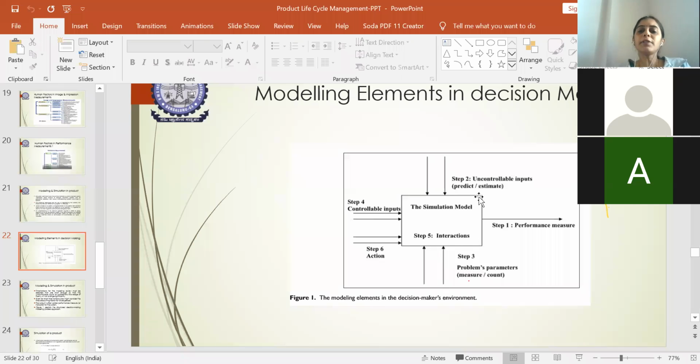The interaction of the uncontrollable inputs and controllable inputs will help in generating the simulation of the model which is needed. The simulation of the model will show the functionality of a particular product, how well it is being operated. Based on the simulation model output data, the action will be taken.